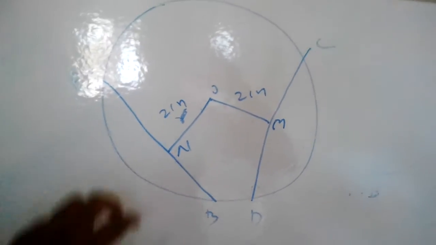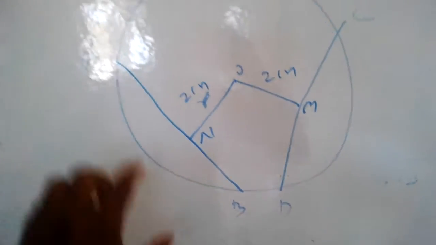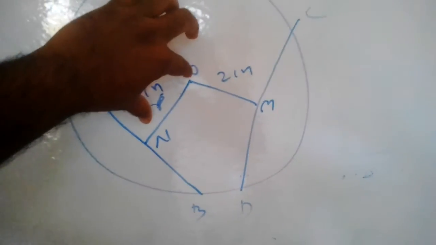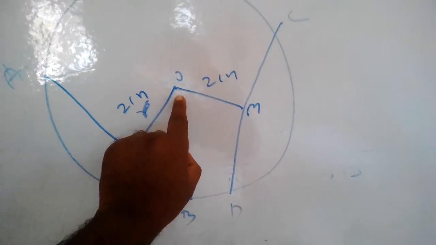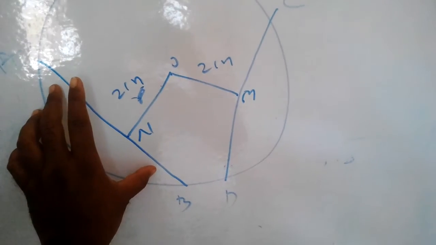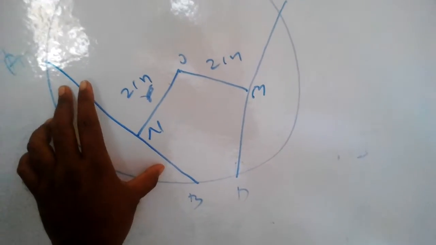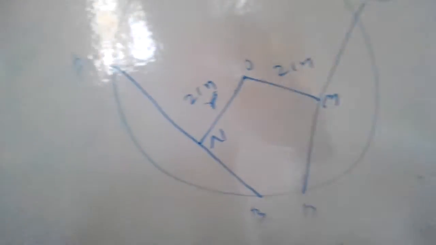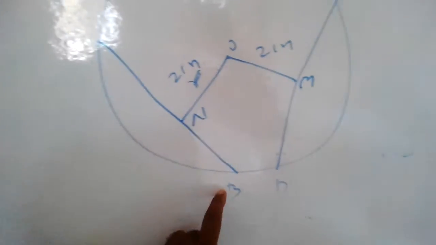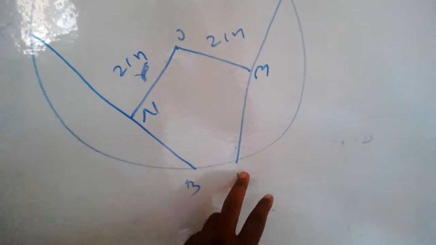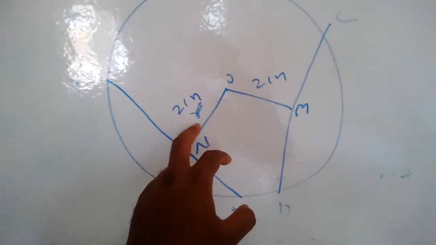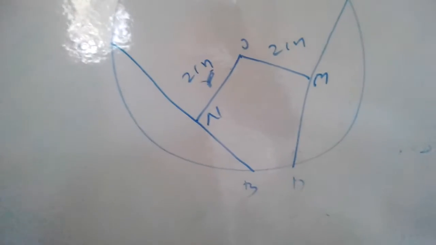Clear? So the theorem says equal chords of a circle are equidistant from the center of a circle. Consider AB and CD are two chords that are equal, then they are equidistant from the center of the circle.